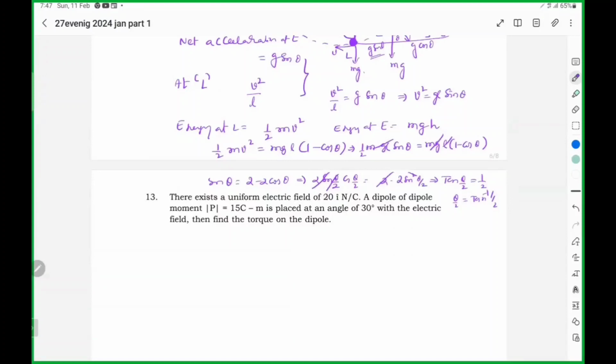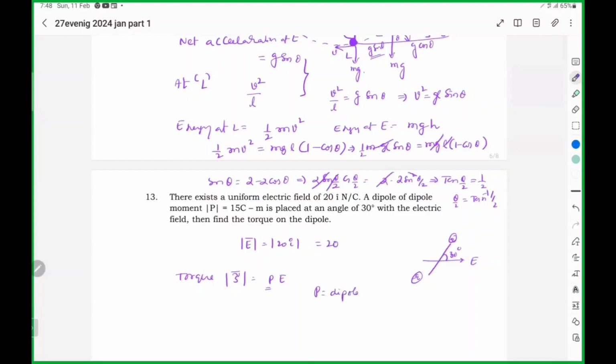Here there exists a uniform electric field. So the magnitude of the electric field will be 20, and the dipole is making an angle of 30 degrees with the electric field. Then the magnitude of the torque will be, P is what here? Dipole moment.